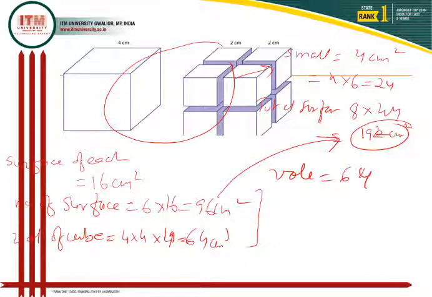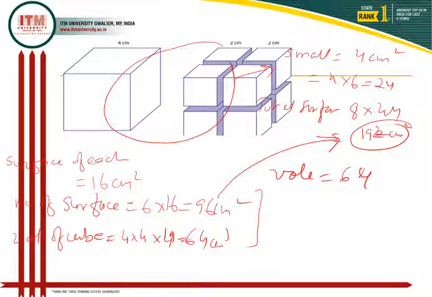This can also be understood as follows: on the left hand side only one cube is there, so only the outer surface can be used. But if you divide this cube into 8 smaller cubes, the inner surface will also come out. So the surface increased, and on the other side the volume is still the same. That is the importance of this. The surface can be increased.